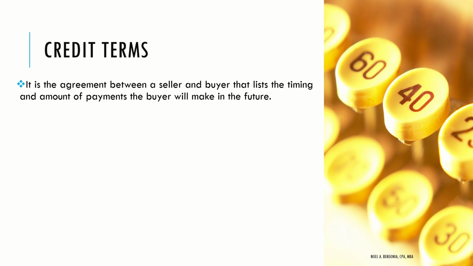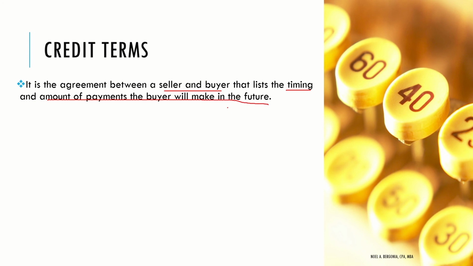Okay. Another terminology that we will be using for the sake of this cash discount is yung tinatawag po natin na credit terms. And when we talk about credit terms, it refers to an agreement between the seller and the buyer that lists the timing and amount of payment that the buyer will make in the future.